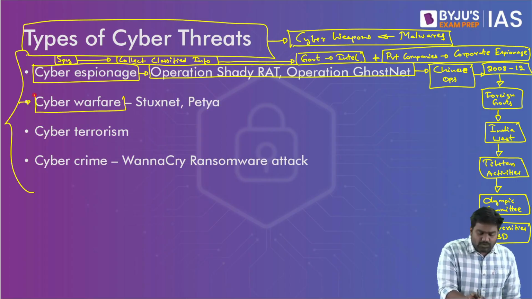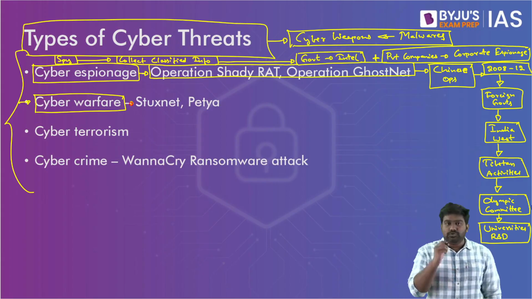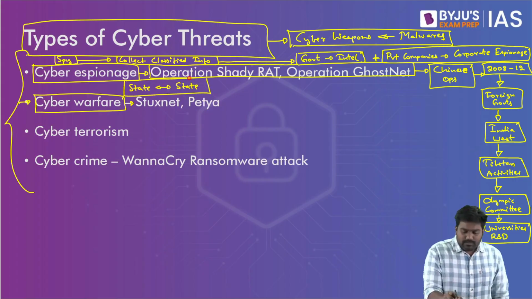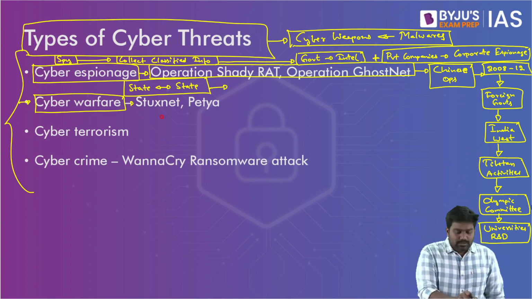These tools can be used for cyber warfare, outright conflict, where two states can target each other with war. Is that clear? War is between two governments, two states. So cyber weapons can be used. There are offensive and defensive cyber weapons.